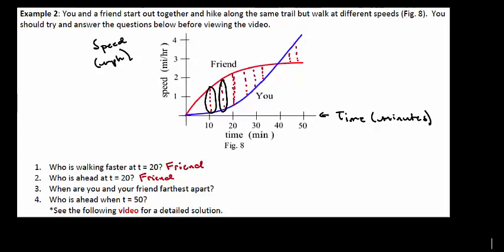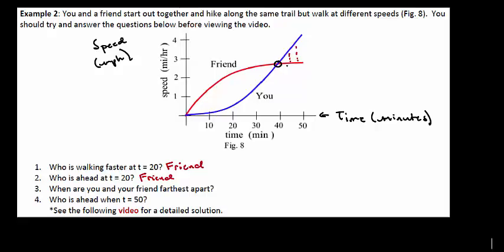So here your friend is still walking faster than you are, so since they have more speed than you do, they're further and further away. And so that happens, your friend keeps getting further and further away, even through here, right? Even right here, this little spot right here, your friend is still walking faster than you are, so they're still getting away. So they're going to be increasing their distance from you all the way up to this point right here.